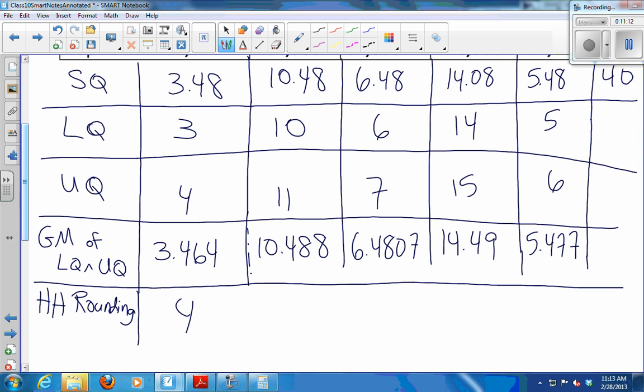It's below, so I round down to 10. 6.48, is this above or below my cutoff of 6.4807? Below, so I round down to 6. 14.08 is below 14.49, so we round down. And 5.48 is above 5.477, so you round up. So this goes to 6.